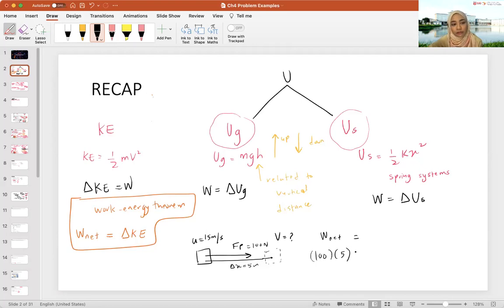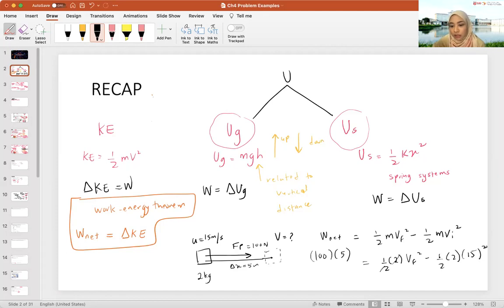So we would get 500 joules. And this would be 1 over 2 m v final squared minus 1 over 2 m v initial squared. We know what our mass is, supposedly, and we know our initial velocity. Let's say the mass of this box is 2 kilograms. So this is 2, and V final, minus 1 over 2 times 2, and V initial, which is 15.